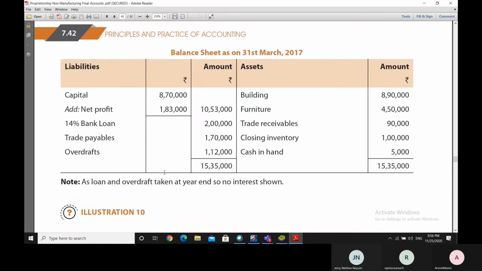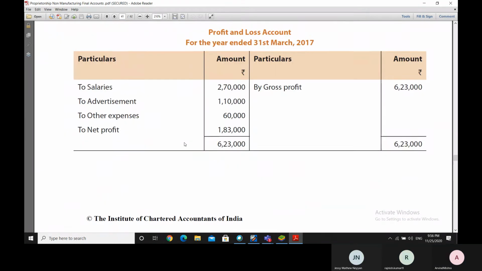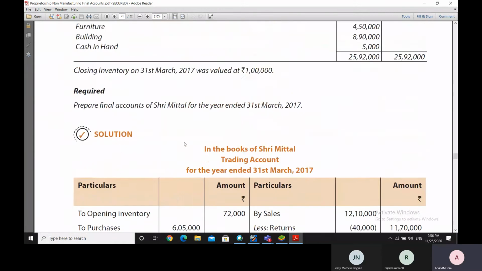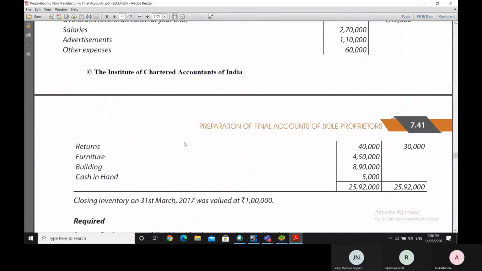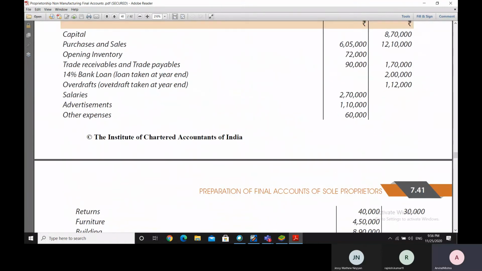And the 14% bank loan has been taken at the year end. So this 2 lakh loan has been taken at the year end, and the overdraft of 1,12,000 rupees is also taken at the year end.